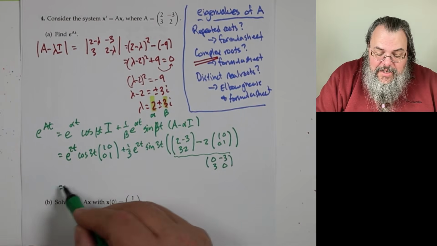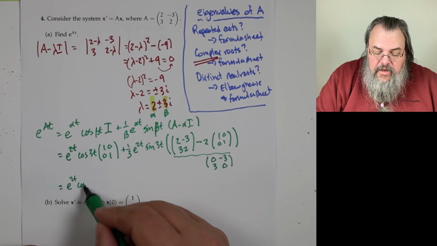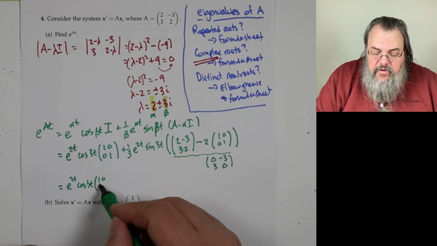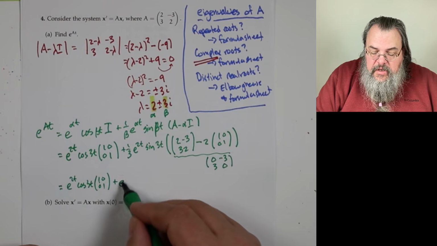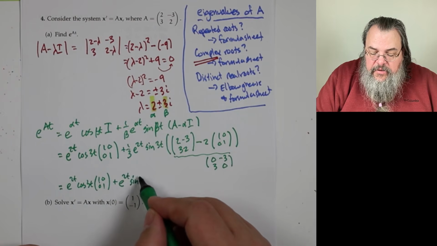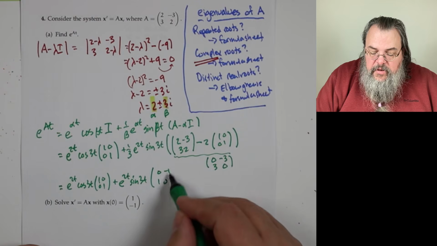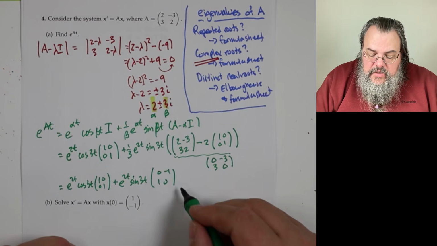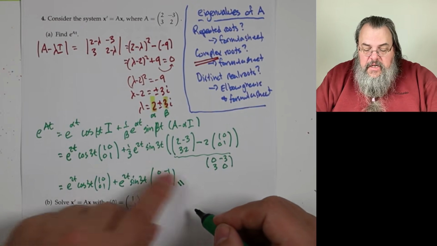So this becomes e to the 2t cosine 3t times 1, 0, 0, 1, and the 1/3 multiplying in, we get e to the 2t sine 3t times 0, minus 1, 1, 0. And now we just multiply in and add.